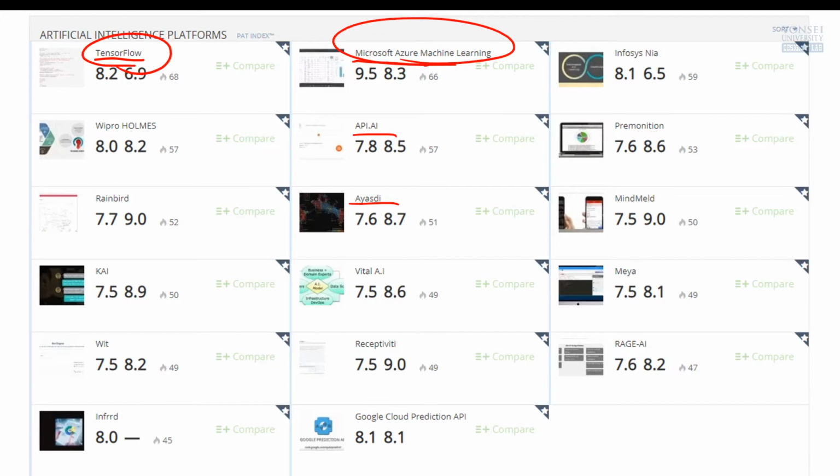So in this class, especially this week, we are going to take a look at Google's Colab with TensorFlow for image recognition, image detection, and so on. After that, we are going to take a look at Microsoft Azure for analyzing your data.